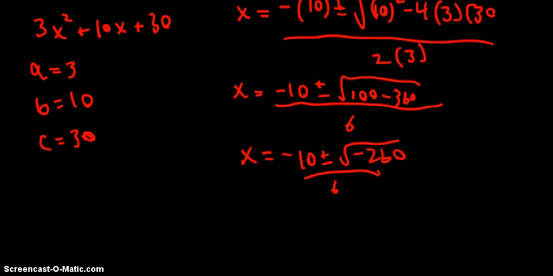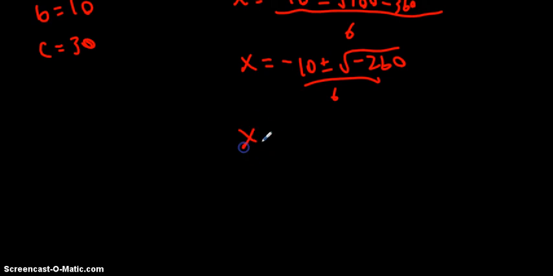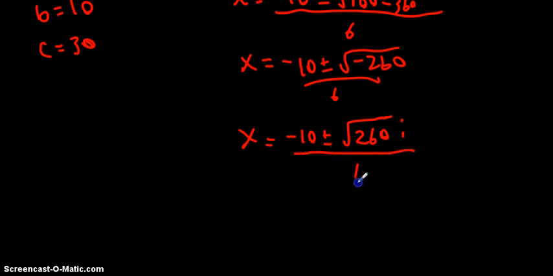Okay, moving on. x is equal to negative 10 plus or minus the square root of 260i. The negative comes out as an i, which we'll explain in the next video on imaginary numbers.